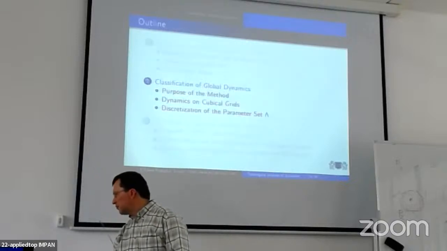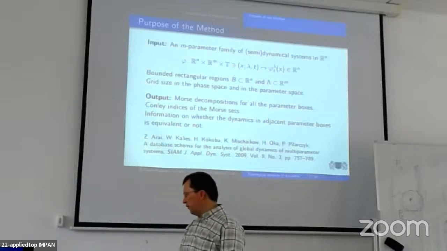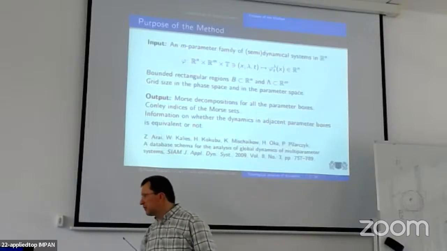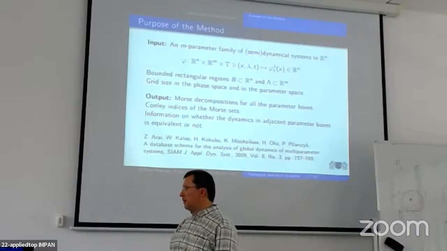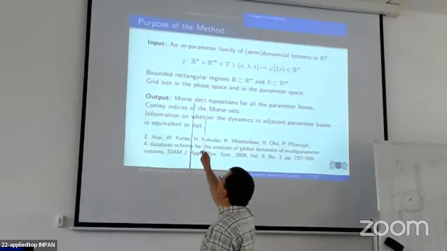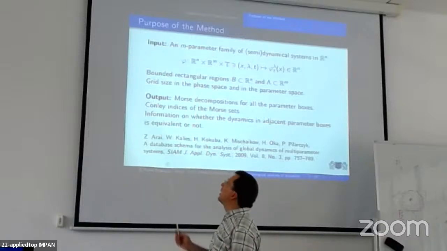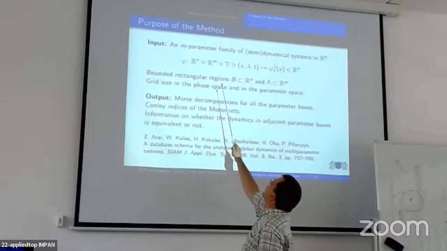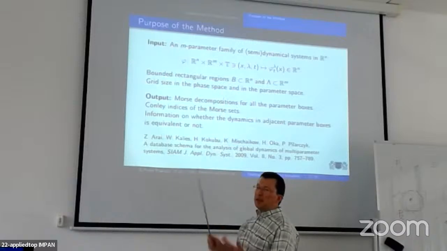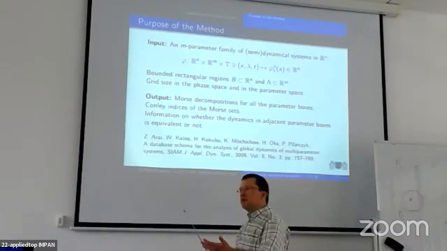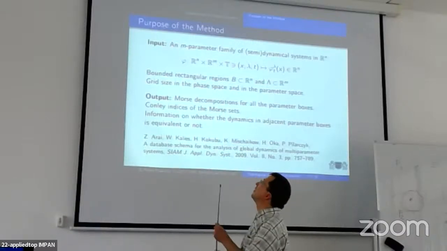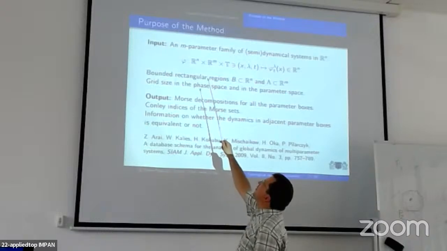Okay. So after this lengthy technical introduction to the Conley index, let me now explain the method. As the input to the method, we have a family of dynamical systems or semi-dynamical systems, because the dynamics need not be reversible. And we have some parameters.